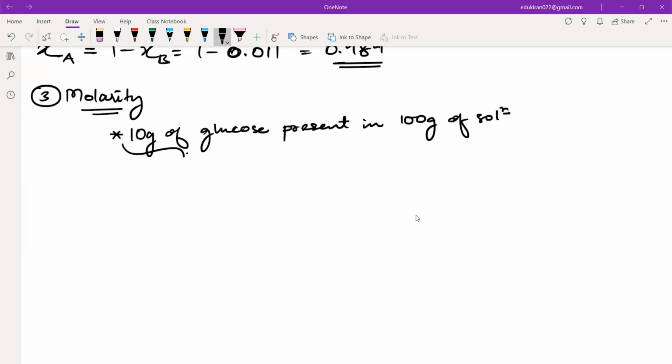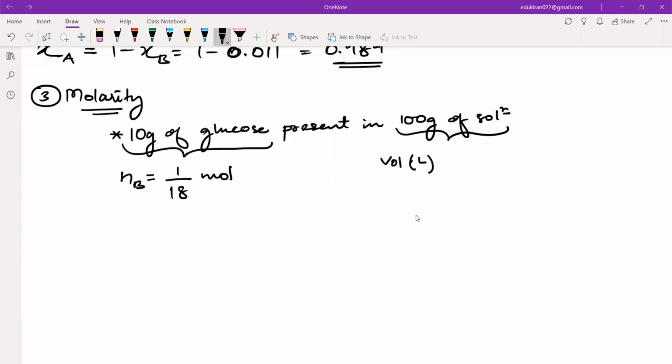So 10 gram of glucose, which will give me the number of moles of glucose, which will be equal to 1/18 moles.